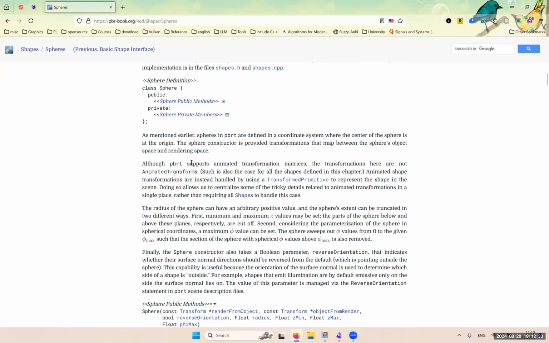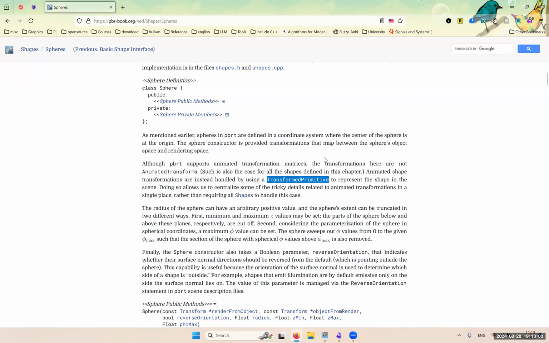PBRT supports animated transformation matrices, but the transformations here are not animated. Animated shapes are handled by using a transformed primitive. I guess the assumption here is that animation is rare.